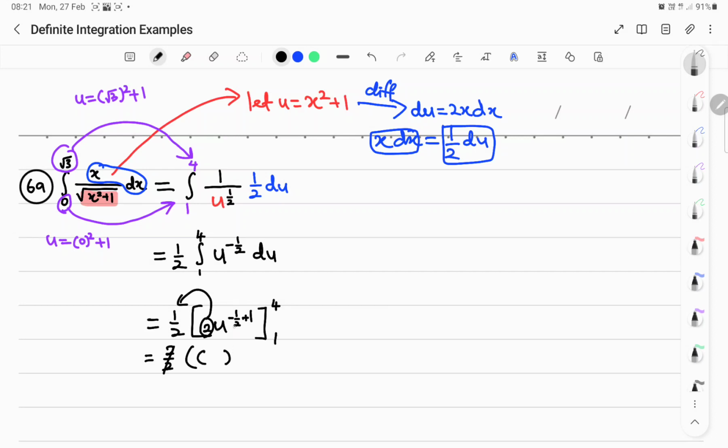So empty bracket to the power half, minus another empty bracket to the power half. What to replace? We replace it with the first limit for the first empty bracket, and we replace it by 1, or the lower limit, for the second bracket. So for the final answer, I leave you with your calculator to get it.